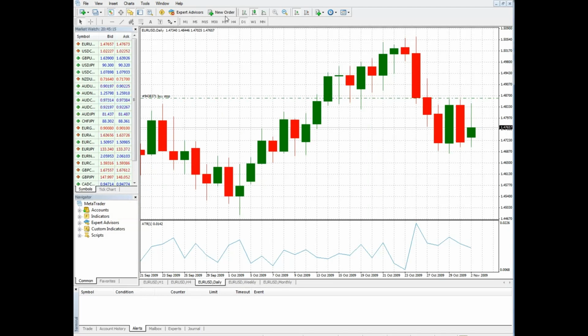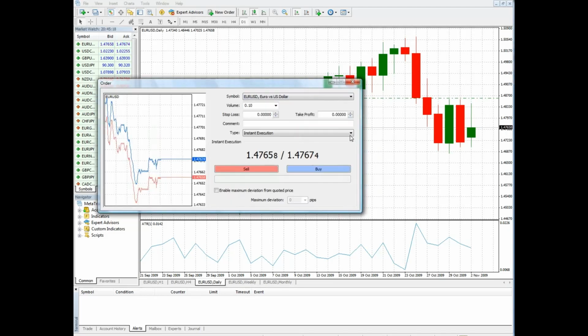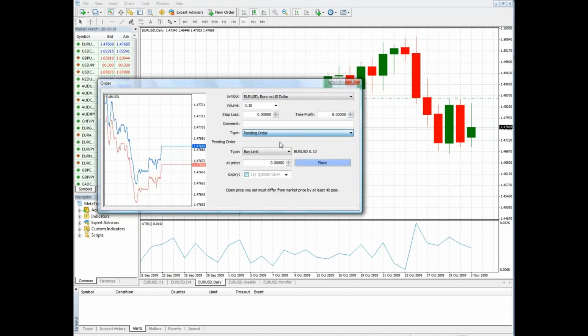Now we're going to place a sell stop at the price 1.46787. I think the problem before was perhaps I was putting the sell stop price where the buy stop price should have been.